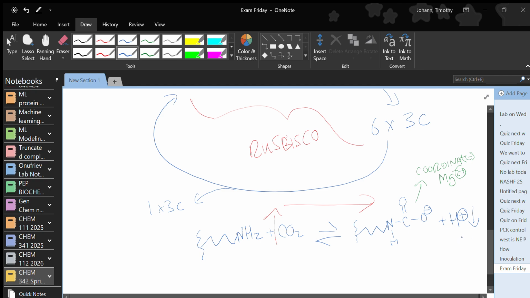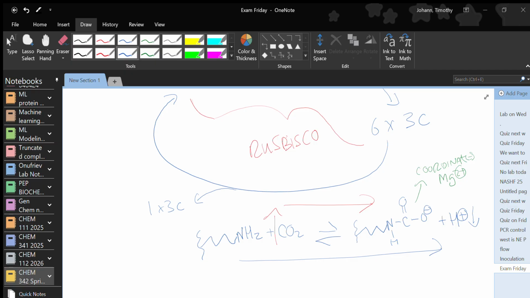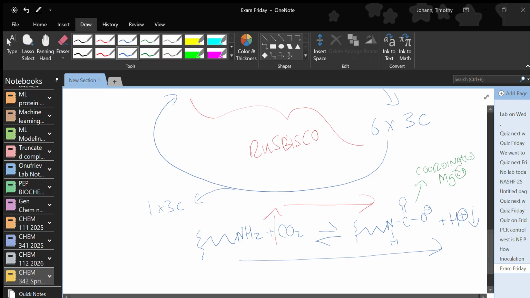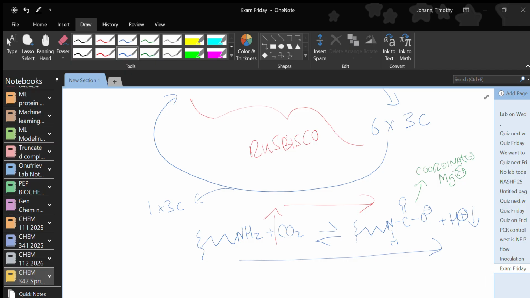You've pumped all the protons into the thylakoid lumen. And that's also going to, by Le Chatelier's principle, pull it over this way. So you don't want to run the dark reactions if the light reactions aren't running, because you're not making ATP and NADPH to run the dark reactions. If the light reactions aren't running, the pH won't be high in the stroma. Low protons, high pH.